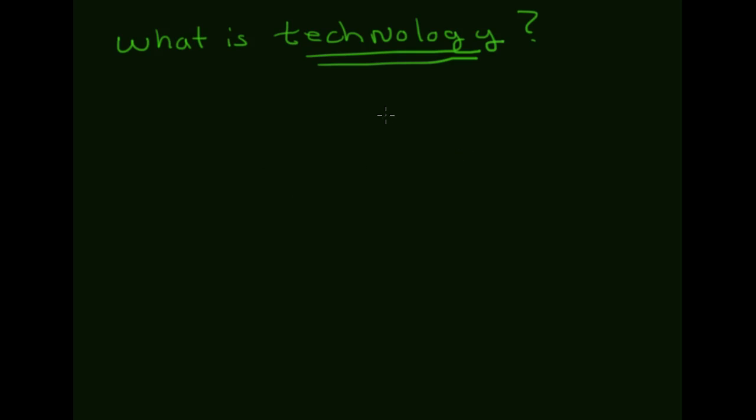We tend to associate technology with things like electricity or computers or phones or things that are digital or electronic. But in fact, technology is just simply things that people do in order to change the world.